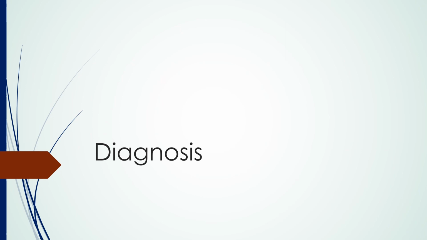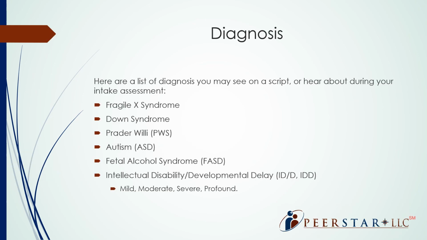All right, let's talk about different diagnoses you may see whenever you're doing your intake. So here are a list of different diagnoses you may see. Now these are not the only ones, but these are the most common that are put on scripts or someone has talked about or said.